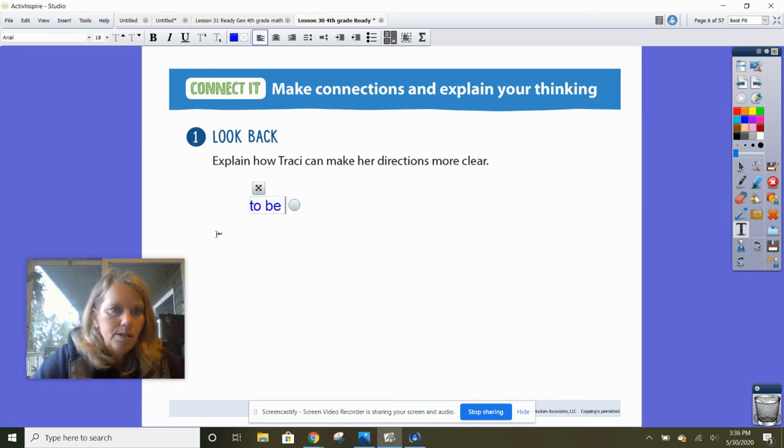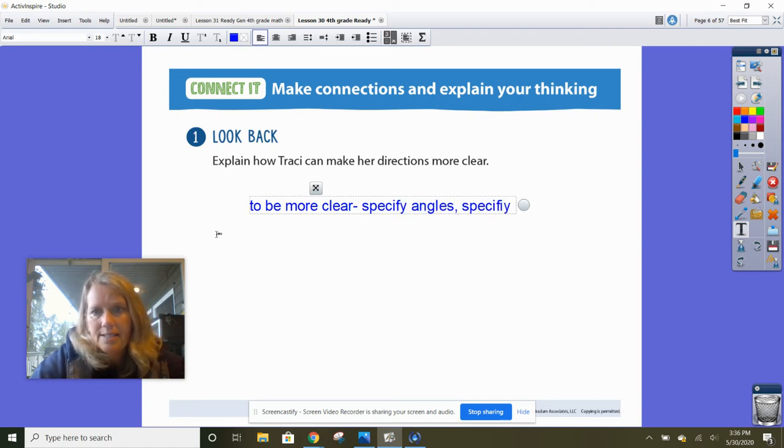So to be more clear, I guess the easiest way to remember is to say something about the angles, say something about the sides. Okay, so specify angles. All right, and specify sides. Sides and angles is how you look at shapes.